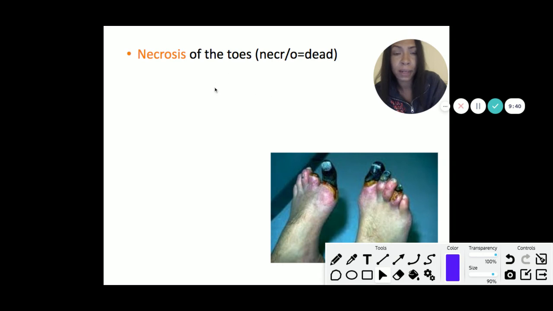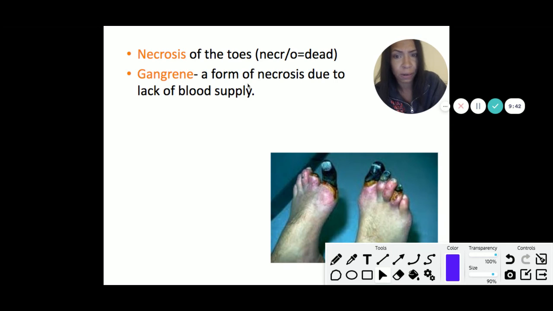One way that we can get necrosis that people know of is gangrene, and I mentioned this in the cyanosis slide. Gangrene forms from a lack of blood supply. So if you are out in the cold for too long, that continuous restriction of blood supply deprives your skin or your extremities of oxygen and nutrients.